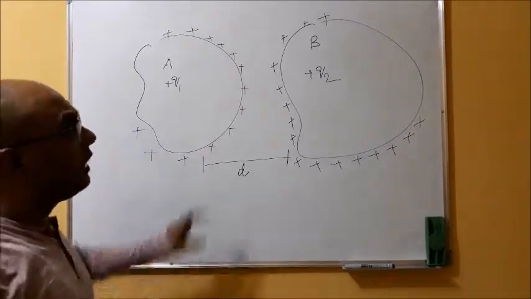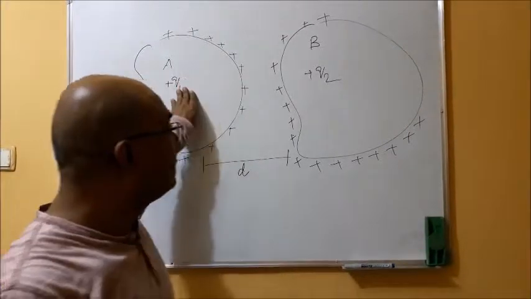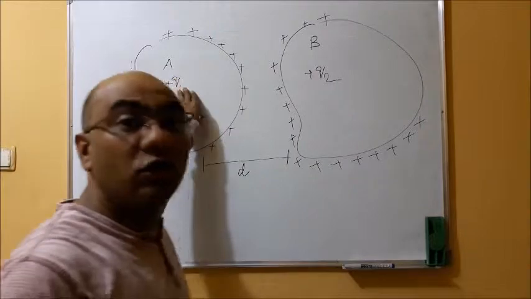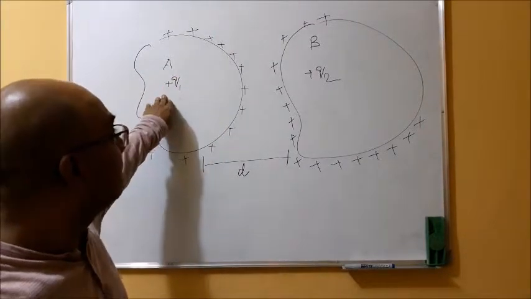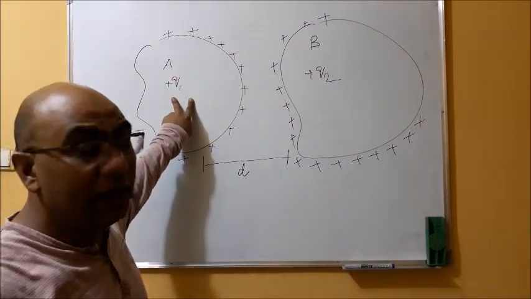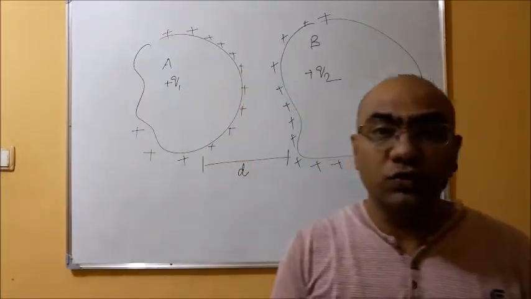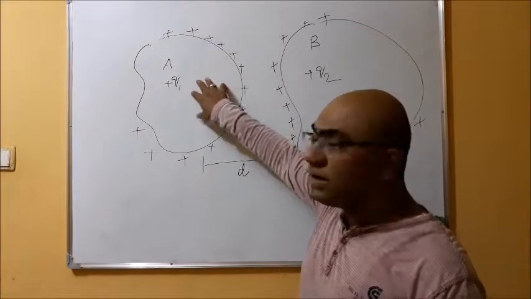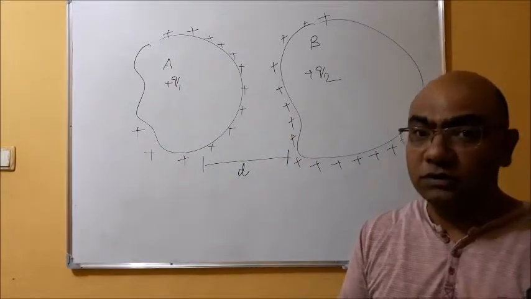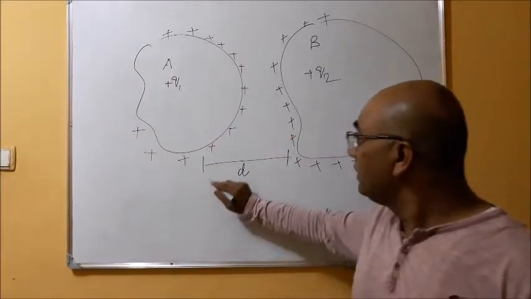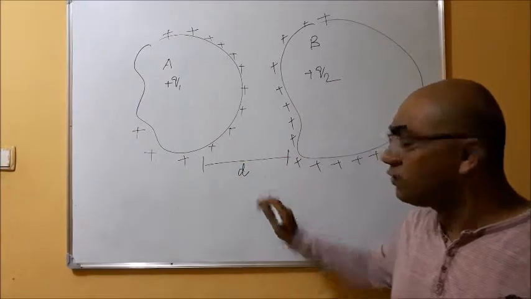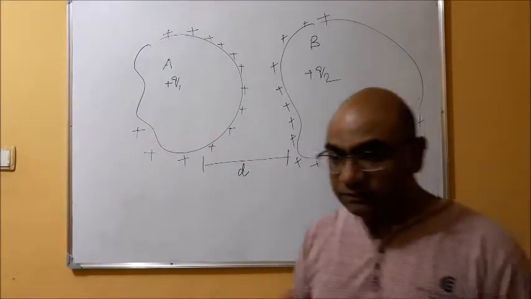if the arrangement between the two metals or two conductors or two surfaces is like this, that surface A has the charge Q1 and surface B has a charge Q2, what will happen? To make this arrangement, we want to keep these two surfaces at a distance of D. So for keeping this, what do we have to do?